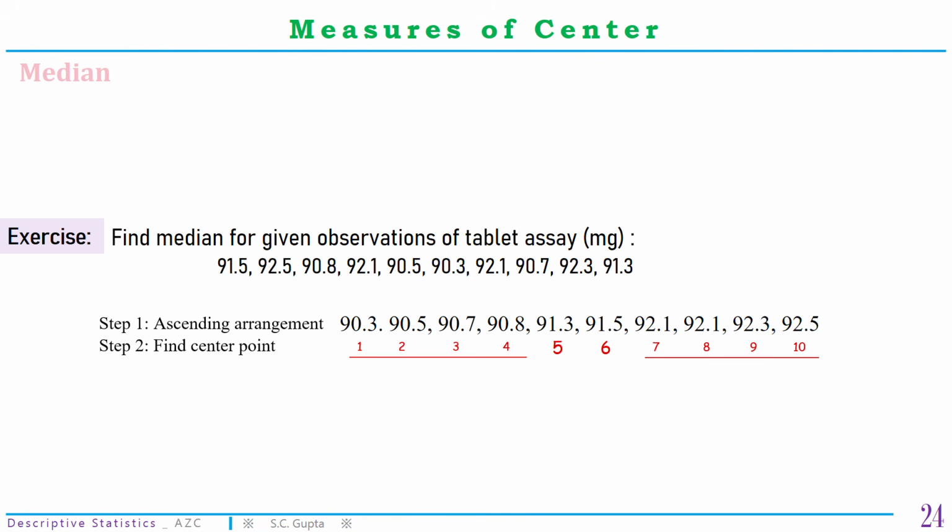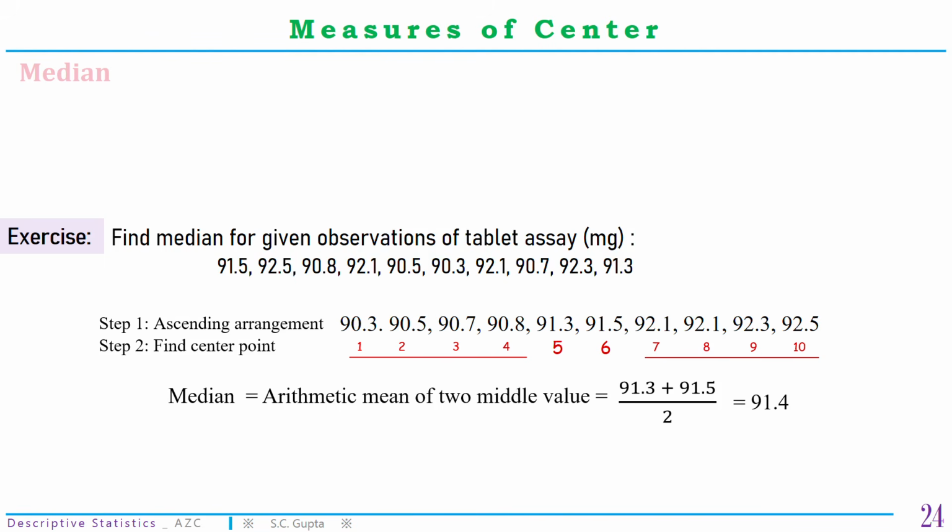We have to include two middle positions that divide the group into two equal parts. These are the 5th and 6th position. Median is equal to the arithmetic mean of the 2 middle values. So, median of given observations of tablet assay is 91.4.